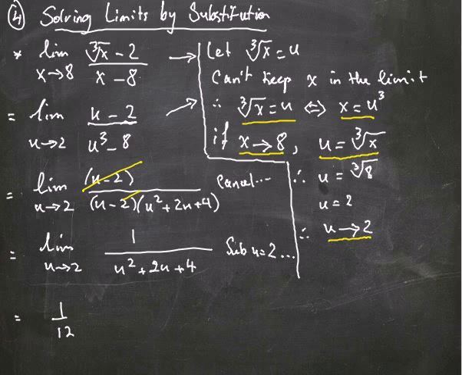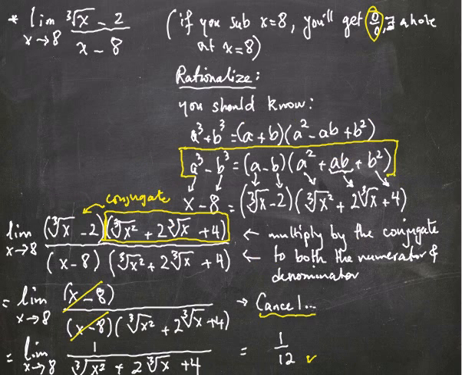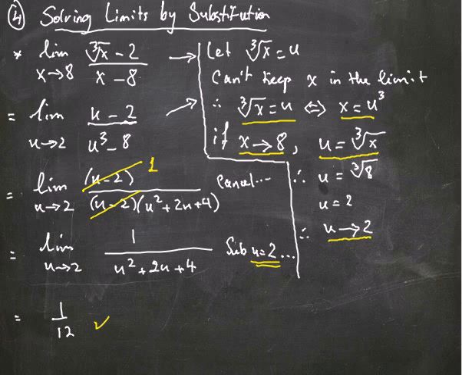Again, we can cancel u minus 2, and you'll end up with 1 over u squared plus 2u plus 4. This is where we substitute the u value, and you end up with the same answer as before, 1 over 12. Whether you go substitution or rationalizing, it is the same.